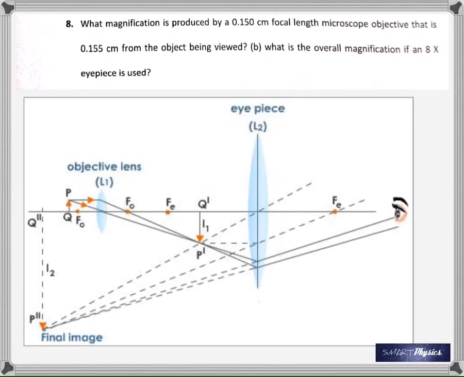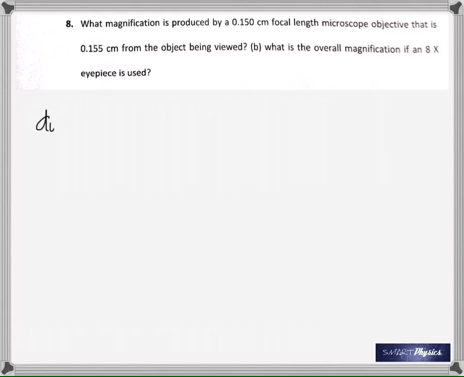Now using those two, we can find DI for the objective, and then you can find the magnification of the objective. Right? That's it, because magnification is negative DI by DO. And then to find the overall magnification, just multiply the magnification of the objective and the eyepiece. That's it, and that's how you do it.